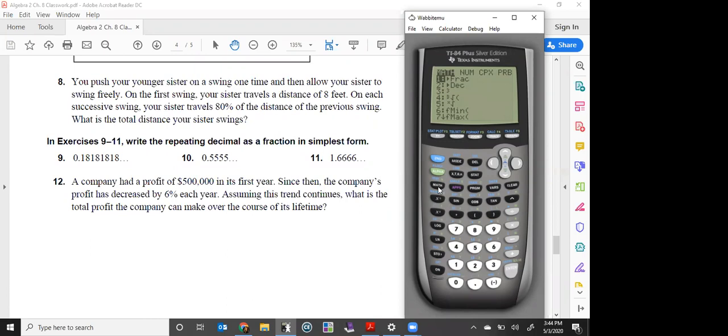All right, that stands for fraction and decimal. It basically says, which one do you want your answer as? Well, I want my answer as a fraction. So I'm going to hit enter. I'm telling it, take that decimal and turn it into a fraction for me. I hit enter, and it gives me 2 over 11. So number 9, 2/11 is the decimal as a fraction. And yeah, there it is.